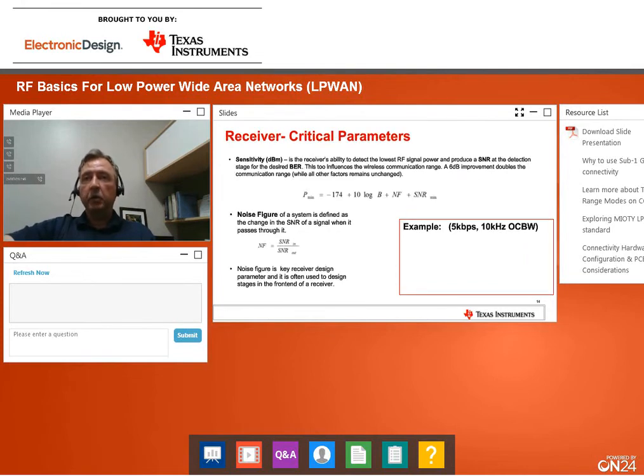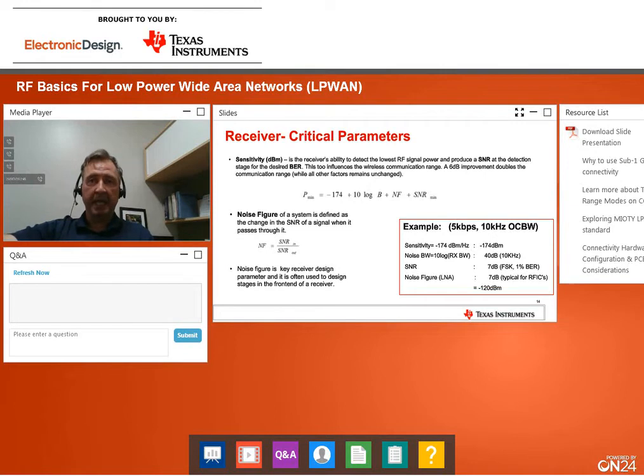So let's look at the receiver characteristics here. First of all, to achieve good sensitivity, what is sensitivity and how is it measured and how is it obtained? First of all, there is a noise floor in the environment.